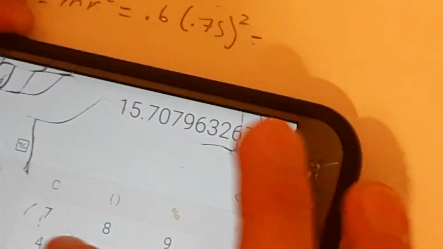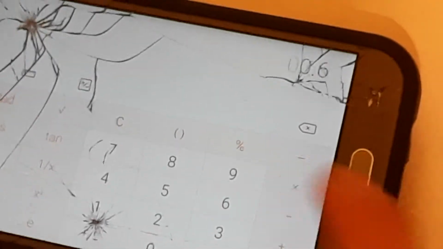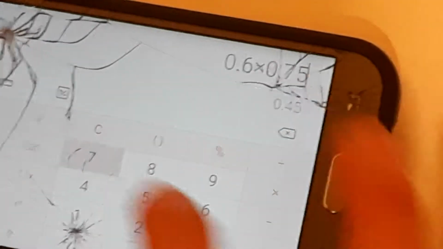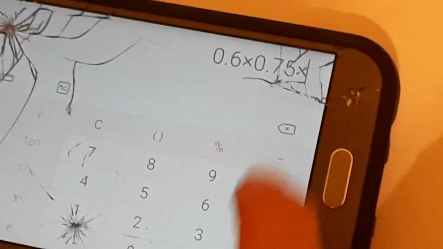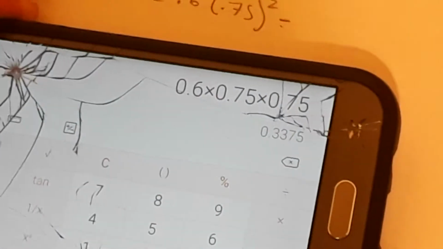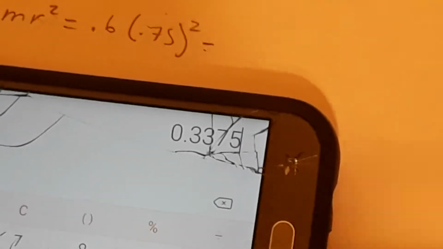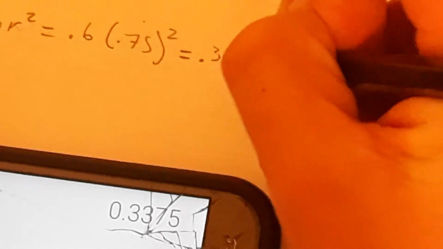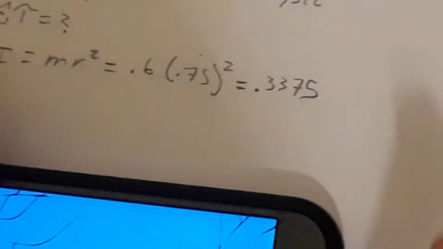So I got 0.6 times 0.75, since it's squared, times 0.75, and I get that. So my moment of inertia is going to be 0.3375. Alright. Good.